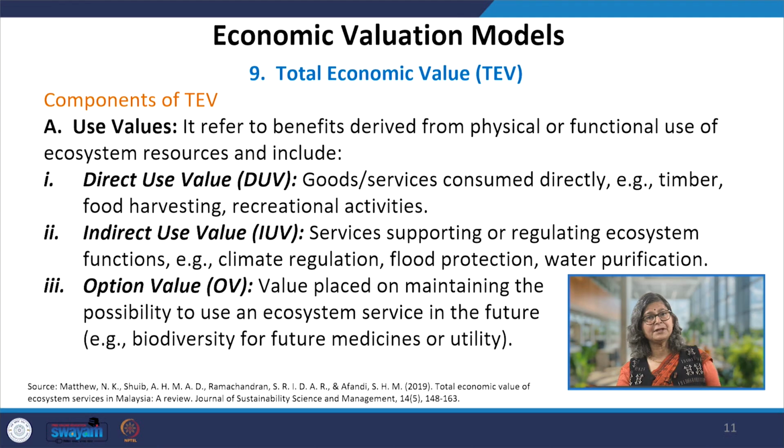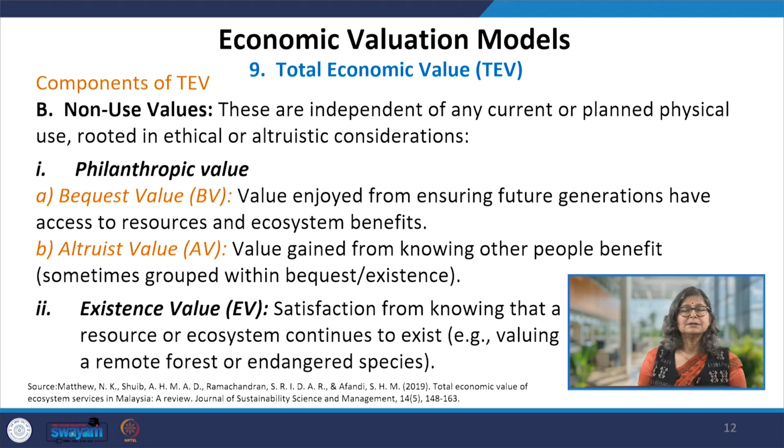So, we are keeping that option open. If I have a river, a riverine plain, the floodplain, we are keeping it open so that in future we can take care of it for several different things, whether for resilience or recreation; those decisions can come later. In this case, the example is biodiversity for future medicines or utility. The second component is non-use values, NUV.